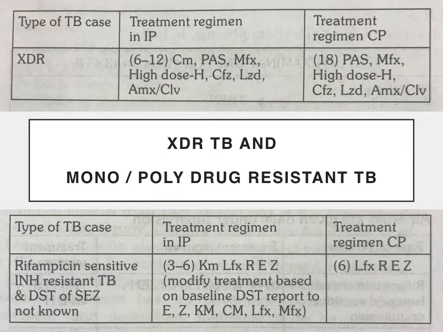As far as the mono or poly drug resistant TB cases are concerned, on receiving the reports showing mono or poly drug resistant tuberculosis from the quality assured laboratory, patients and their family members are initially counseled, and the patient is referred for evaluation and initiation of the regimen for mono and poly drug resistant TB to the drug resistant TB center, and repeat rifampicin testing for drug resistant therapy to be done in case a result of mono or poly drug resistant TB is available after 6 to 8 weeks.